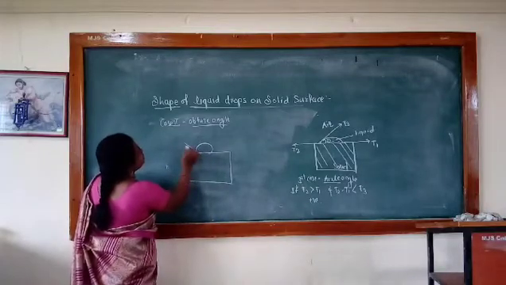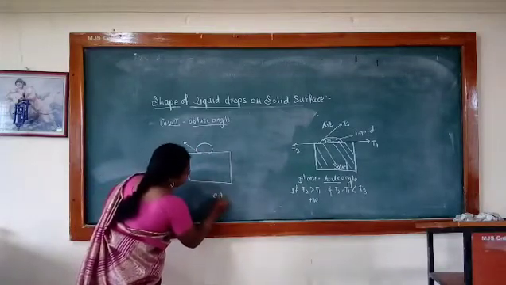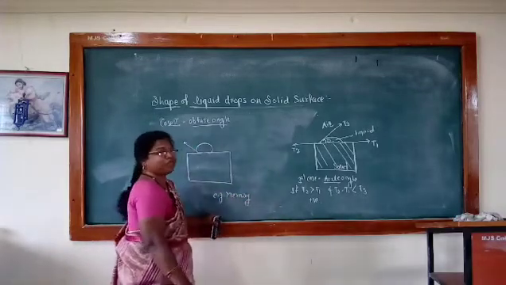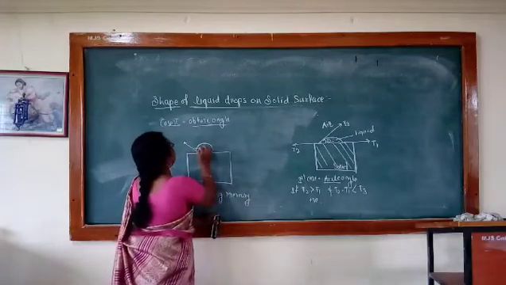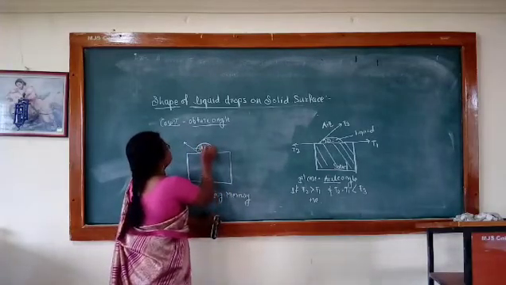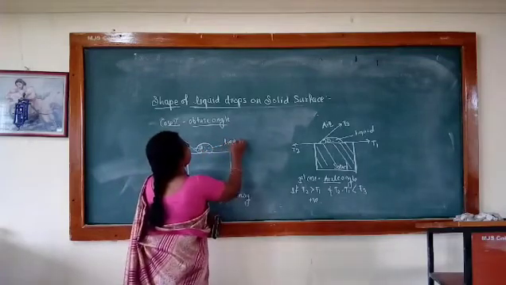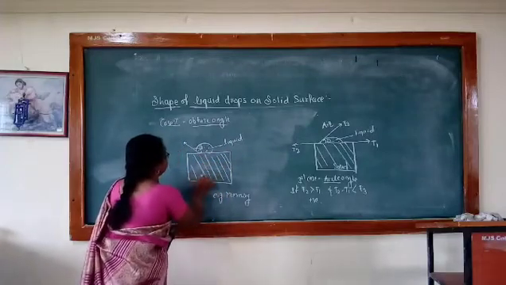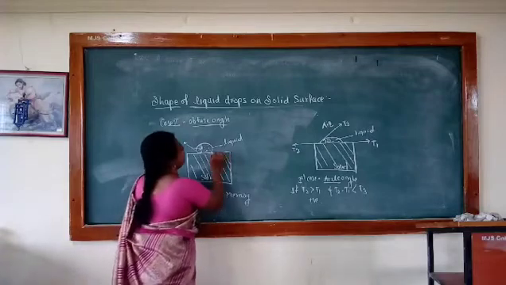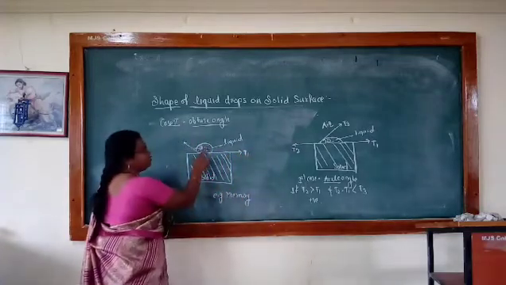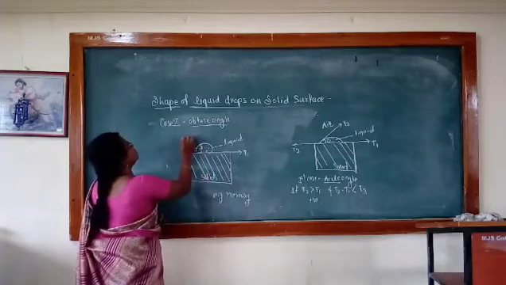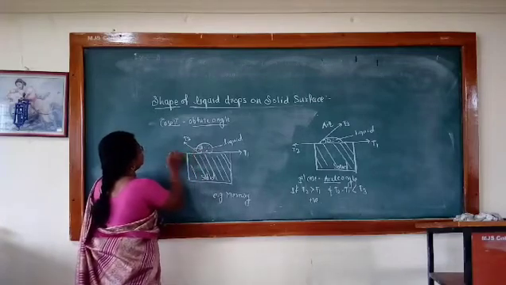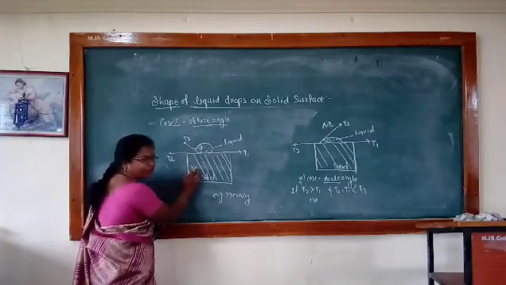Such a thing happens in the example of mercury, which does not wet the solid. Therefore this angle theta is an obtuse angle. Consider here is the liquid, that is mercury, and here is the solid surface. Similarly, T1 is the interface between liquid and solid, T3 is the interface between air and liquid, and T2 is the air solid contact.